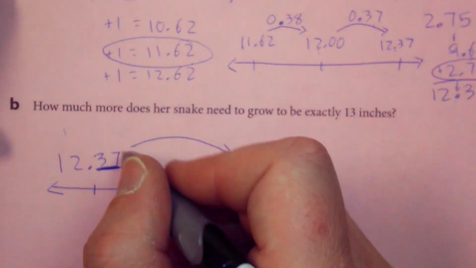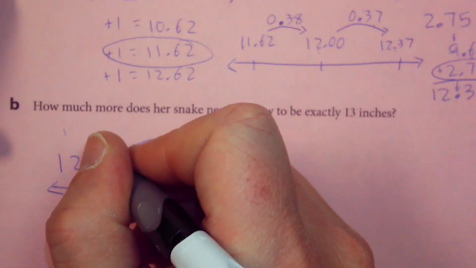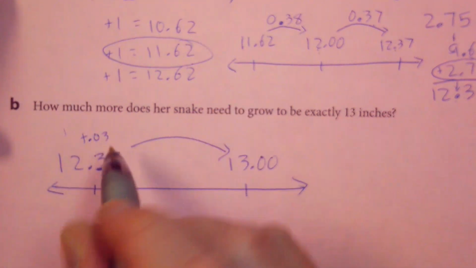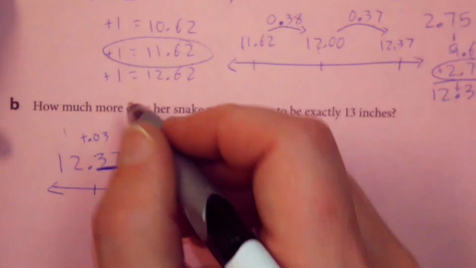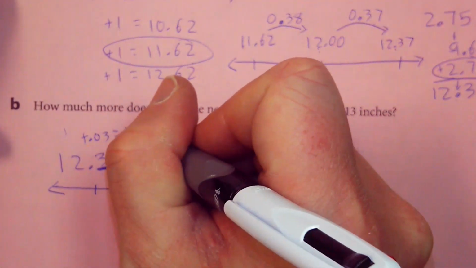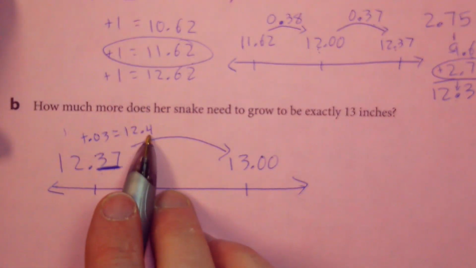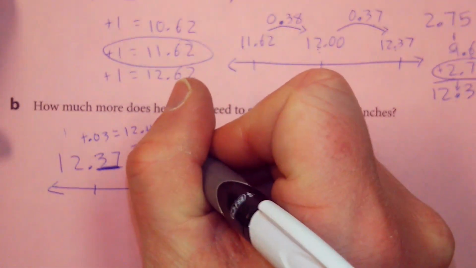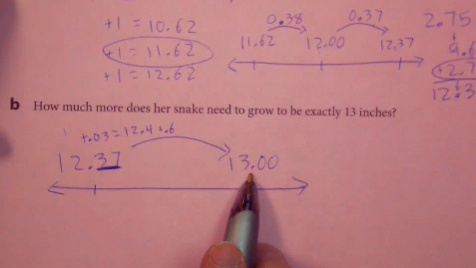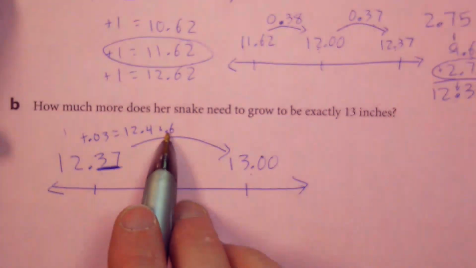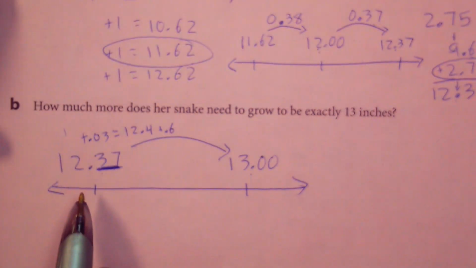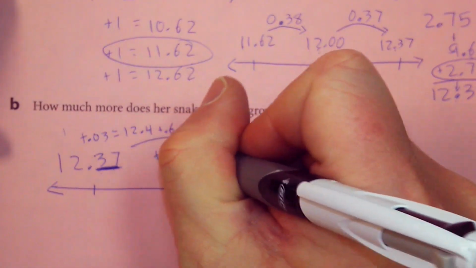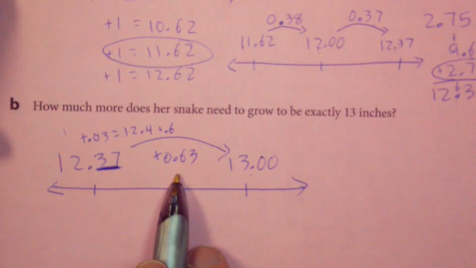Well, if I add 0.03, I'll have 12.4. Now I'm getting close. Now I just need to add 0.6, and that will get me there. So my answer would be 6/10 and 3/100, which would be the same as adding 63/100.